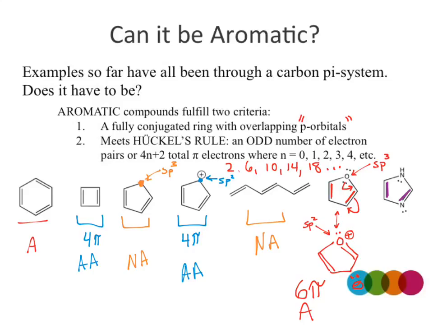Okay, do we have some more electrons floating around on the outside of that structure? We got 2 nitrogens, 2 sets of lone pairs that could potentially be involved in this. But if I bring in both lone pairs, what happens? Anti-aromatic. So I can only bring in 1. Well, are those lone pairs the same?